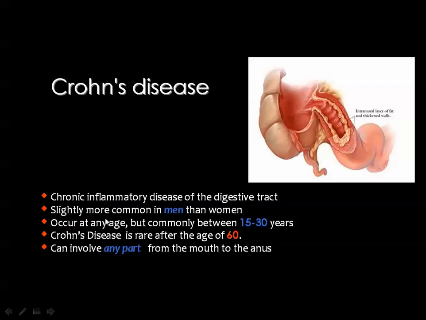And this disease is slightly more common in men compared to women, and it occurs at any age, but is commonly seen in the age group between 15 and 30 years old. And the literature considers that Crohn's disease is rare after the age of 60 years.